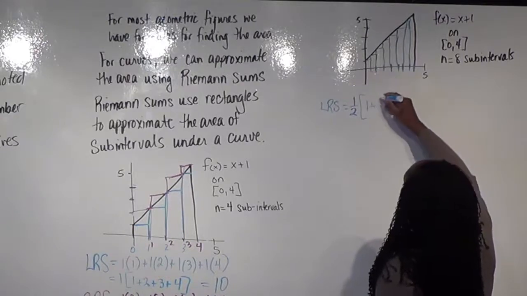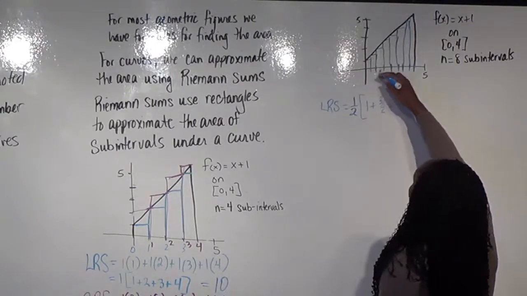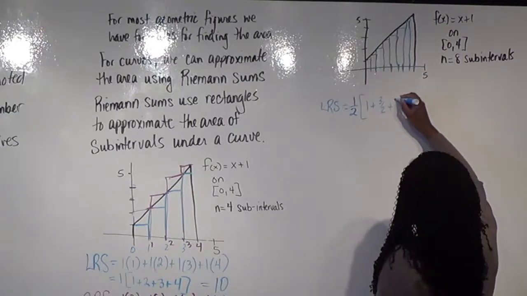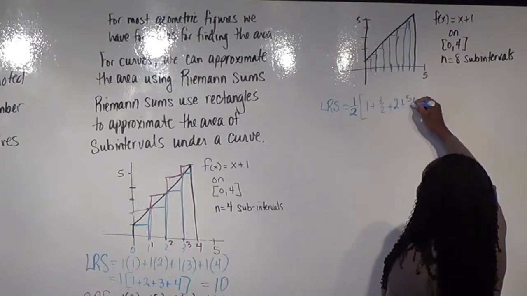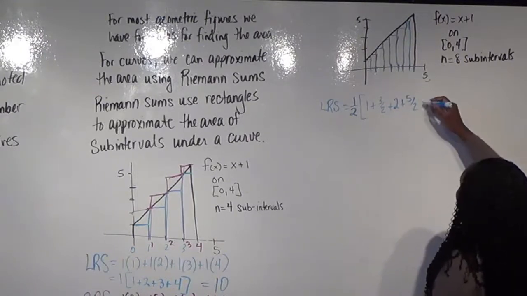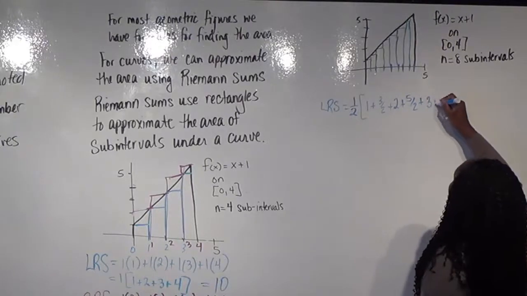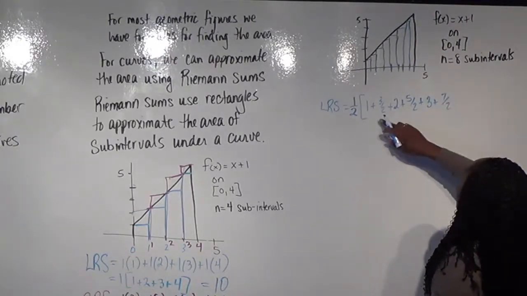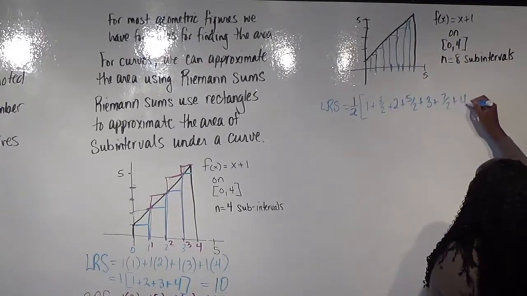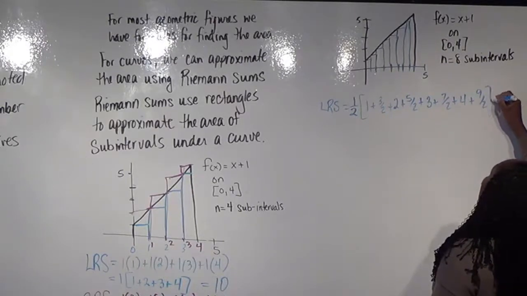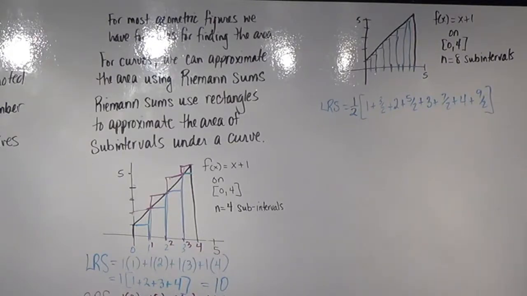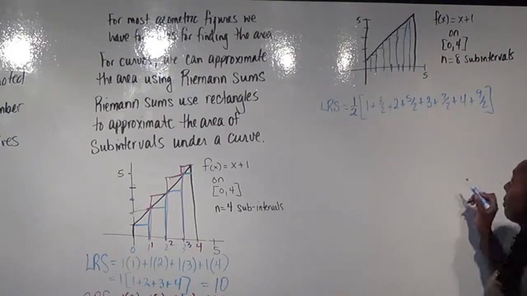At a half, I'll be at 3/2. At 1, I'll be at 2. And I can keep going up until I have my 8 points.